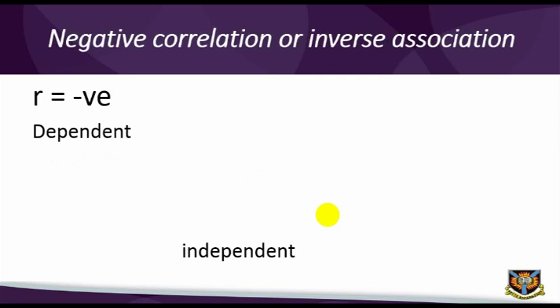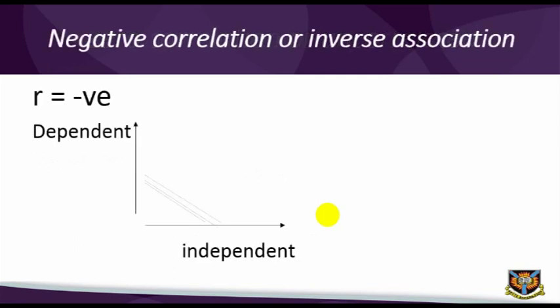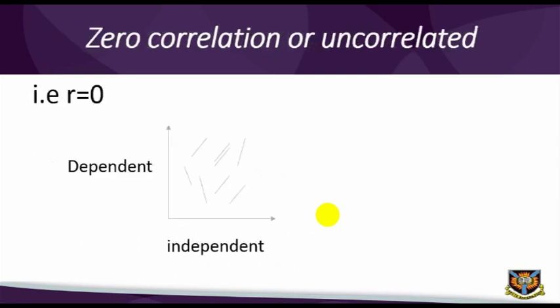Negative correlation or inverse association, dependent against independent, that is R is negative. 3. Zero correlation or uncorrelated, dependent against independent, that is R is equal to 0.